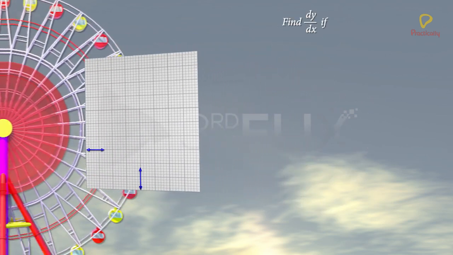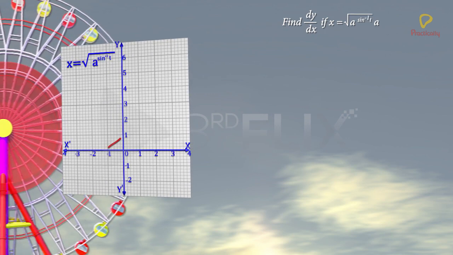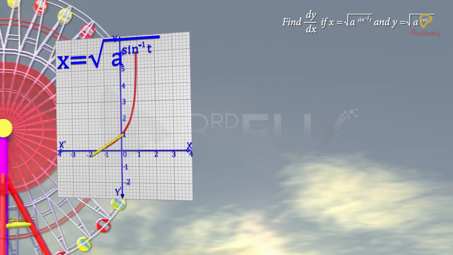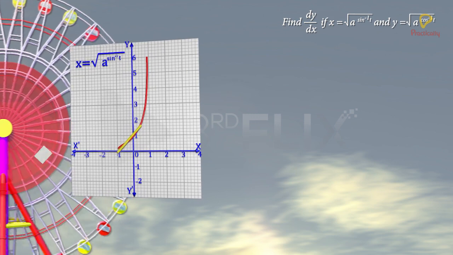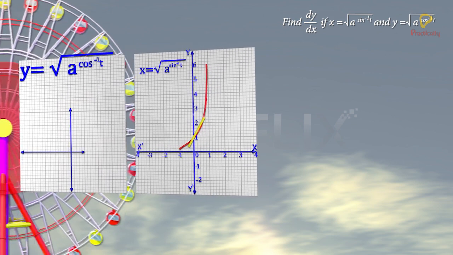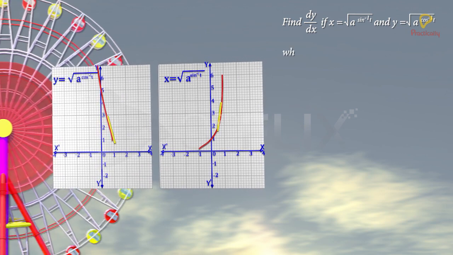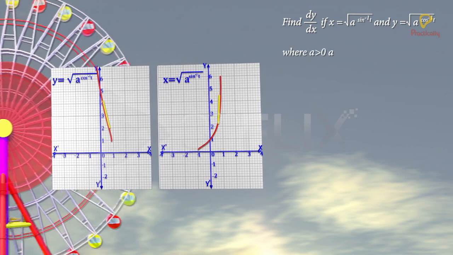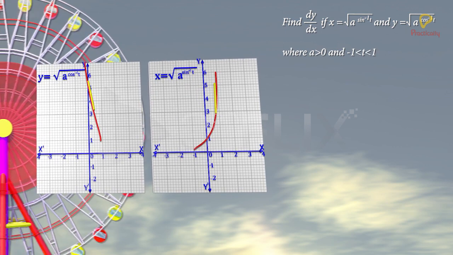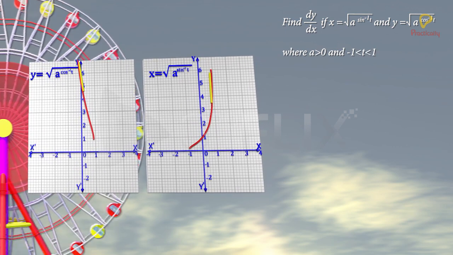Find dy by dx if x is equal to square root of a power sine inverse t and y is equal to square root of a power cos inverse t, where a is greater than 0 and minus 1 is less than t less than 1.